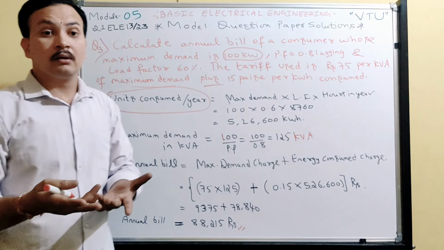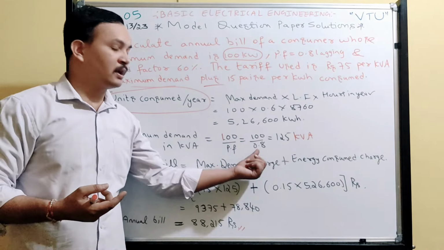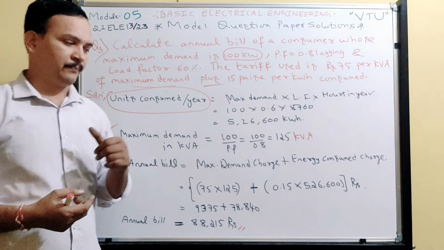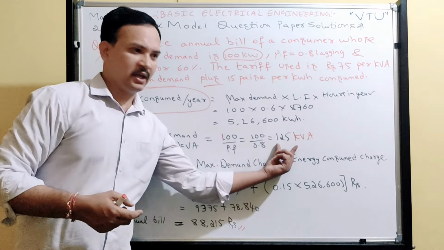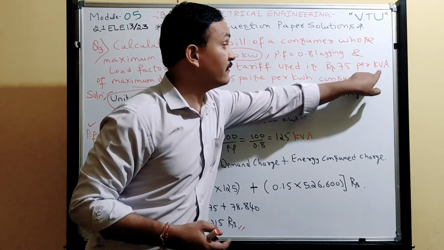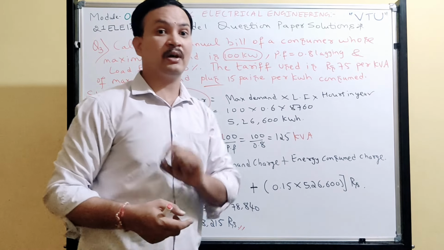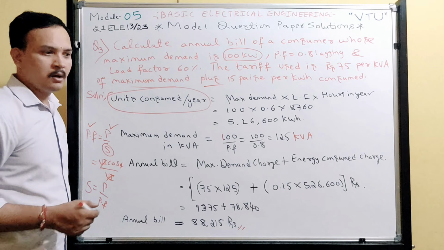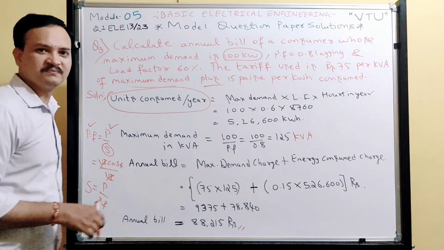If it is not given, what should you take? Power factor unity. Like that you should proceed with the problem. See, total 125 kVA. In this, 1 kVA cost is how much? 75 rupees. So like that you can find the electricity bill. So pause the video and copy it down.